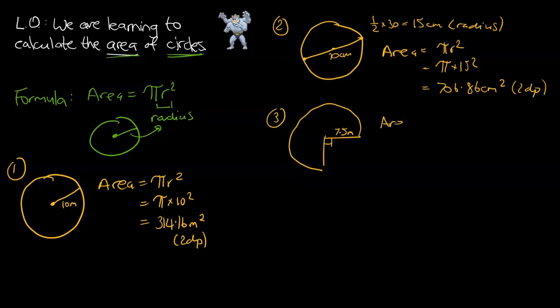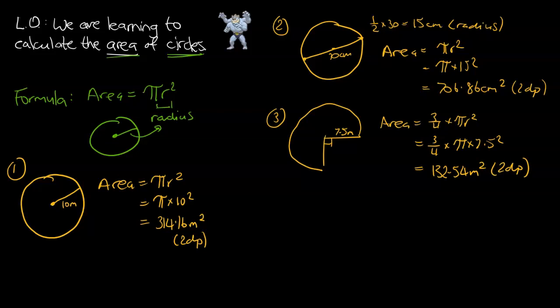So our formula, area, is going to be equal to 3/4, because we've got 3/4 of a circle, times pi r squared, and that's going to be equal to 3/4 times pi times 7.5 squared. And again, you're dealing with pi, you're going to need your calculator. So 0.75 times pi times 7.5 squared, I'm getting 132.54 meters squared. 2 decimal points.